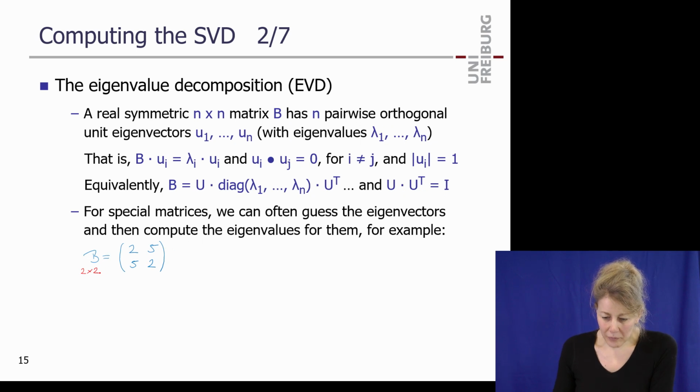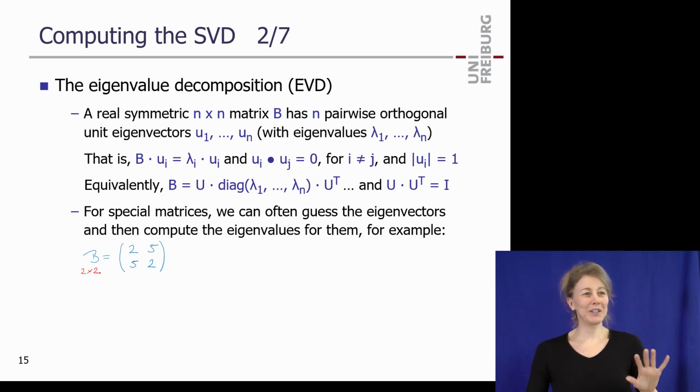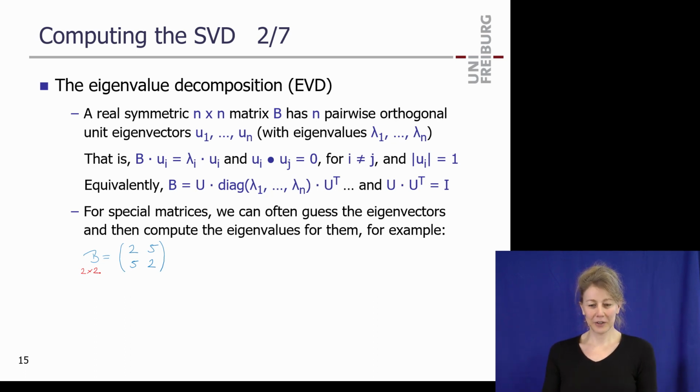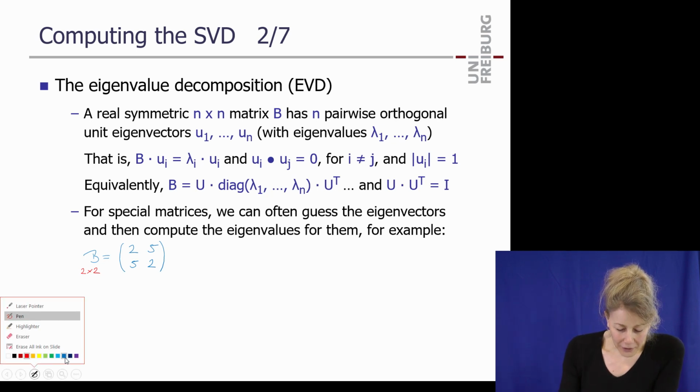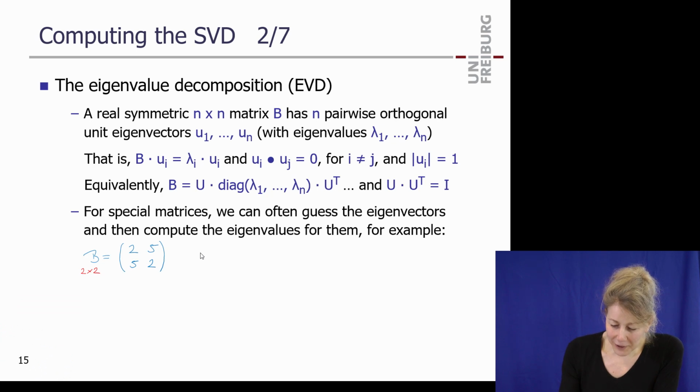Well, who sees an eigenvector here? If you know what an eigenvector is, you see it immediately. If you don't, you will see in a second what one is. One eigenvector you see immediately is u1 equals (1, 1).